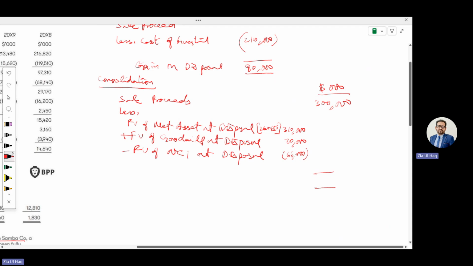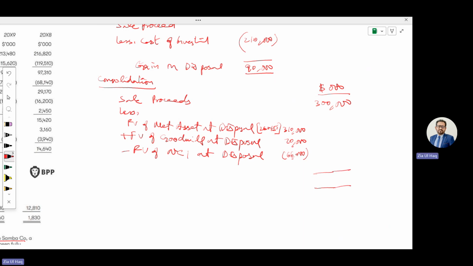So please calculate the effect. 310 minus 70 is equal to what? 240 minus 66. That is 174.